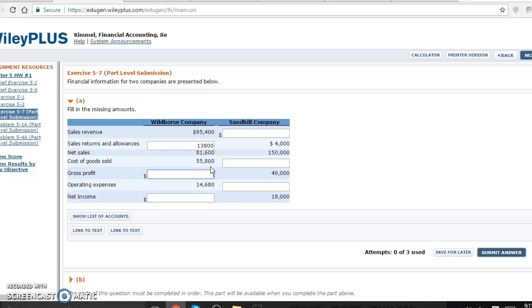So we will subtract cost of goods sold from net sales, which will be 81,600 minus 55,800, and this will make 25,800.